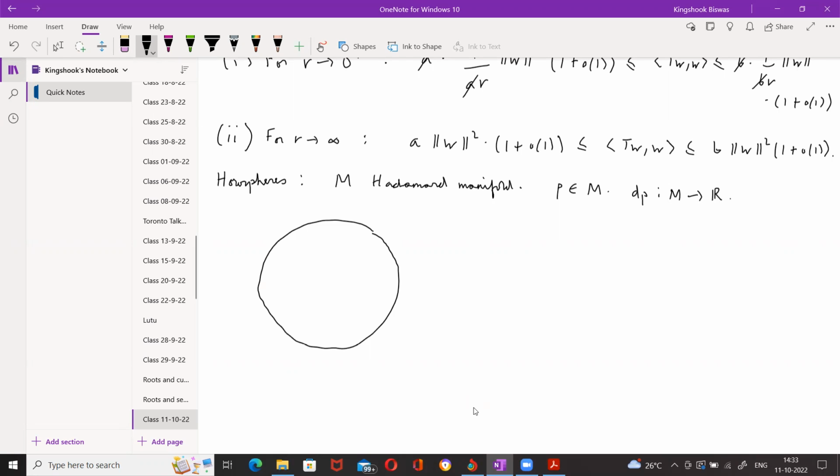Now, what I want to do is take a geodesic, let's say a geodesic ray, gamma.